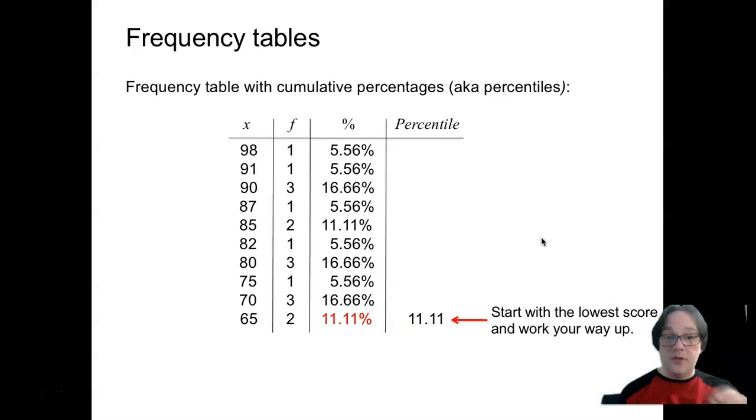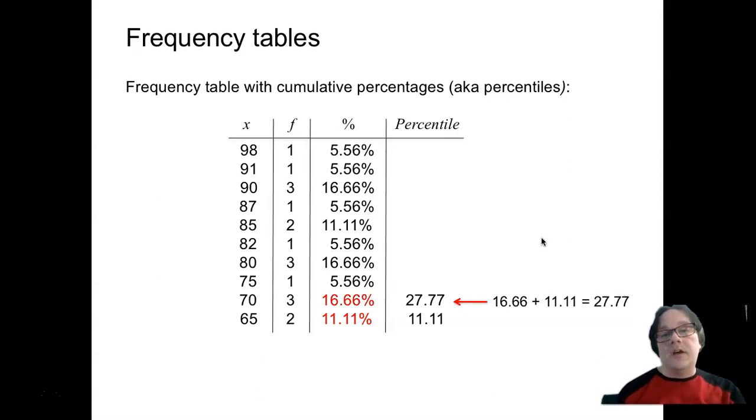So we'll start with the lowest score and just work our way up. By the time you're at a 70 in the class, you're in the 27.77 percentile, meaning that 27.77 percent of scores are at or below your score.